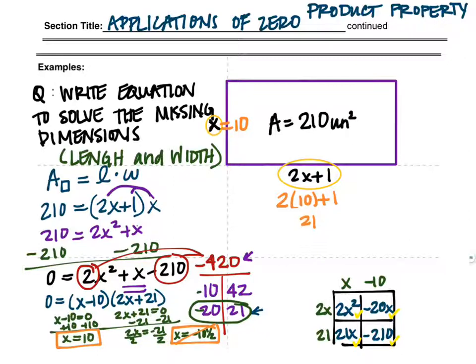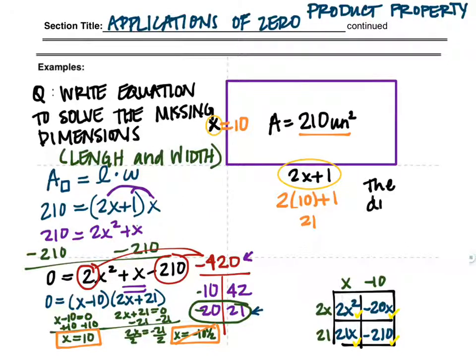I'm going to write a sentence indicating what my answer is. So I can always check that to say 10 times 21, does it in fact equal 210 units squared? And in fact it does. So in kind of a blank space, I'm going to write down the dimensions.